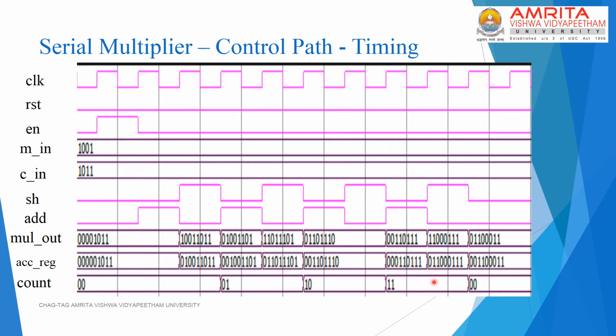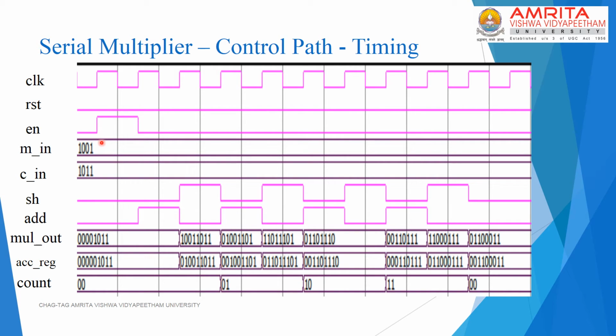Therefore, to sum up, the control path elements need to generate the add and shift signals, and the elements have to wait upon the enable signal. So the whole process is set in motion when the enable signal is asserted.